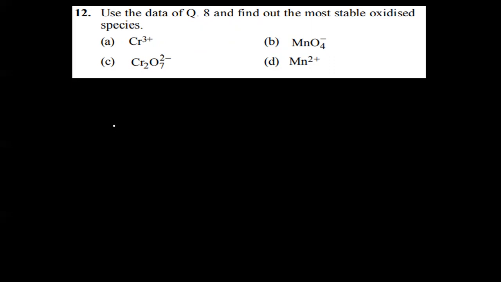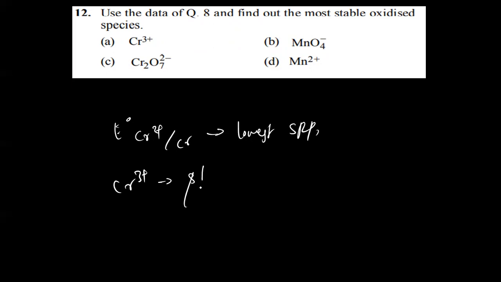Like here, if you consider E naught of Cr3 plus bar Cr, which has the lowest SRP value. Hence, Cr3 plus ion is the most stable oxidized species among the given options. So for question number 12, it's option A.